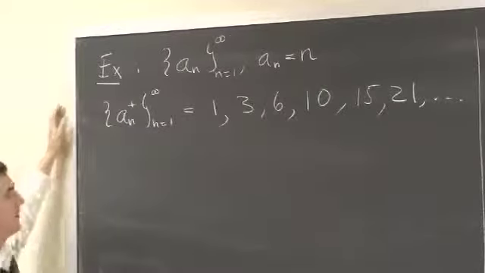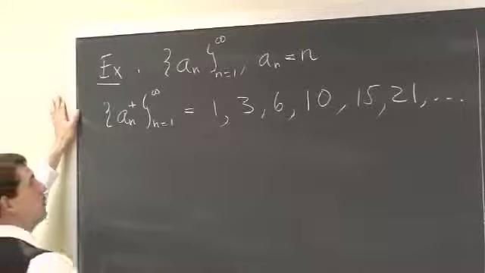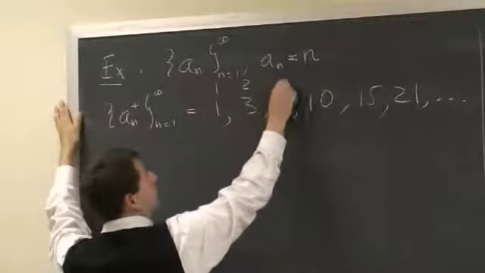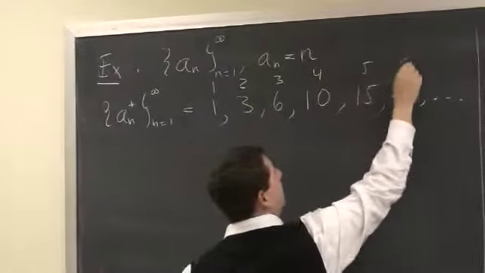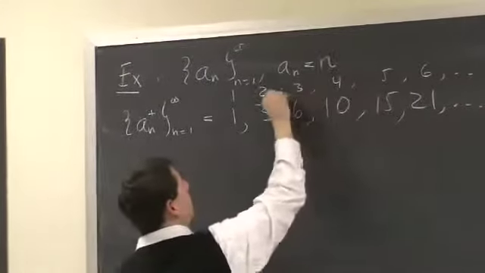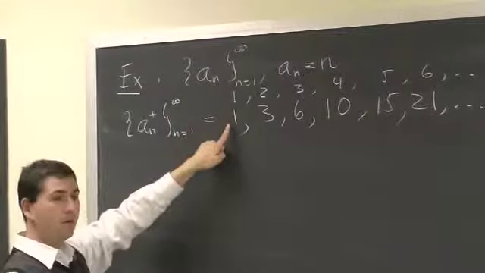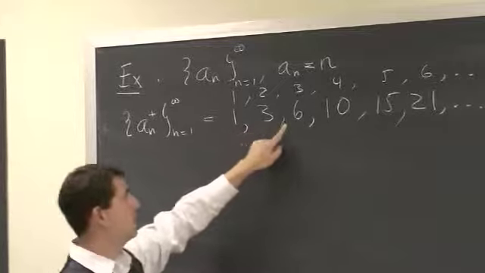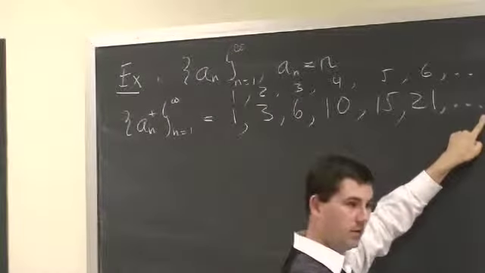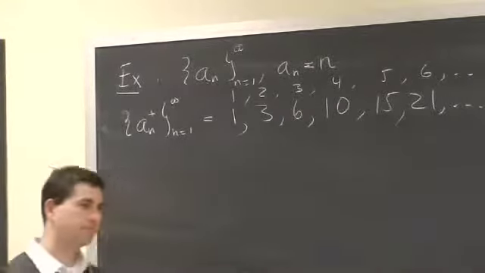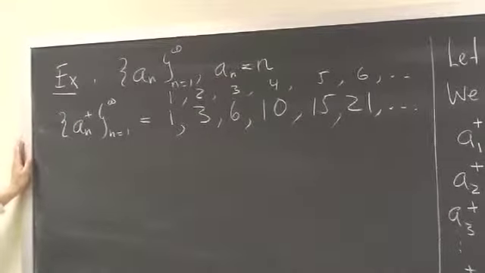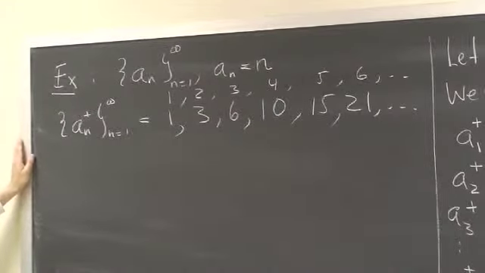So we start with the sequence 1, 2, 3, 4, 5, 6, and so on. And from that, we build a new sequence, the sum sequence, 1, 3, 6, 10, 15, 21, and so on.